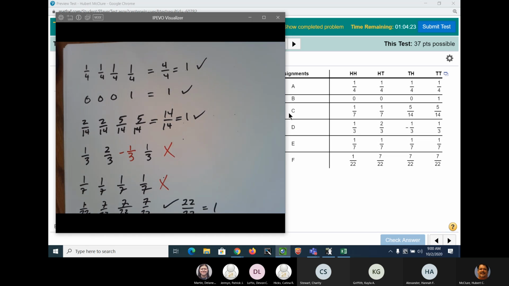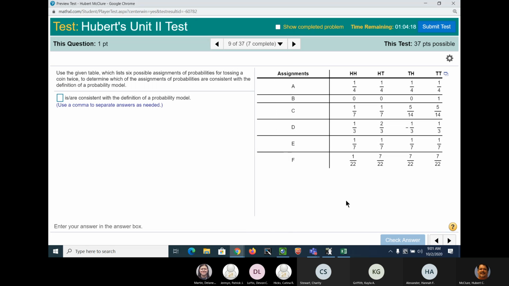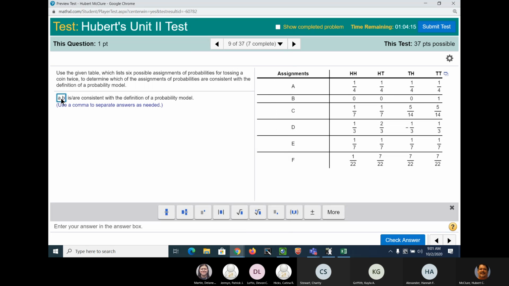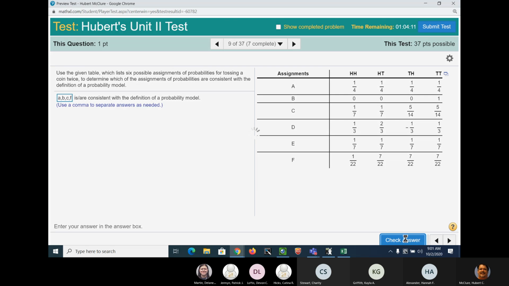So your answer is A, B, C, and F. And check. That's going to stop us today, which we went over 9 questions. We'll do it again Monday, and this is all we'll do.